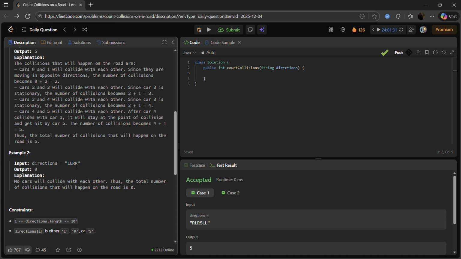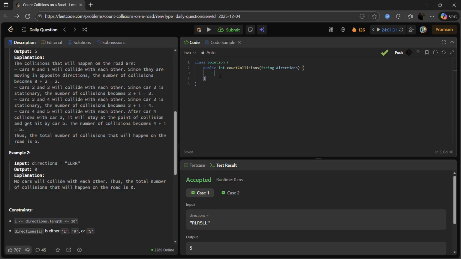And at the rightmost end, all the R's will move towards the right and are not going to collide with anything.